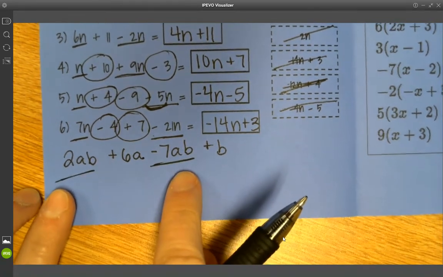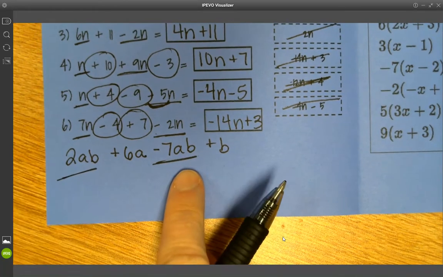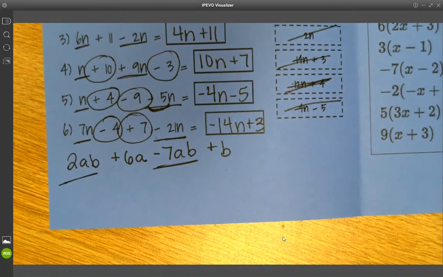These two have the exact same variables, a and b. A, B is together. You can't separate them. You can't pull them apart. You've got to keep them together.